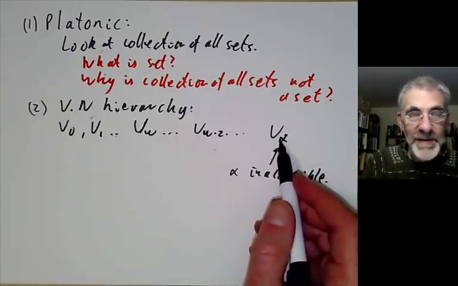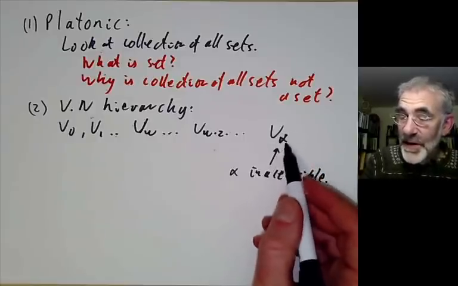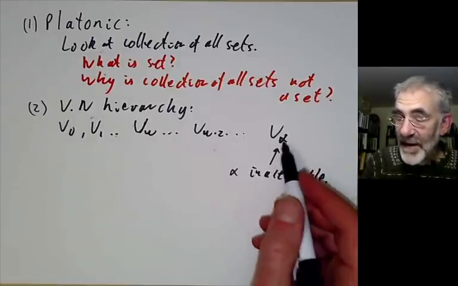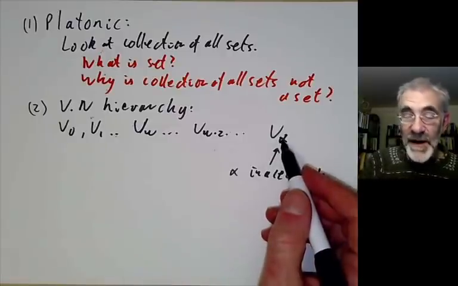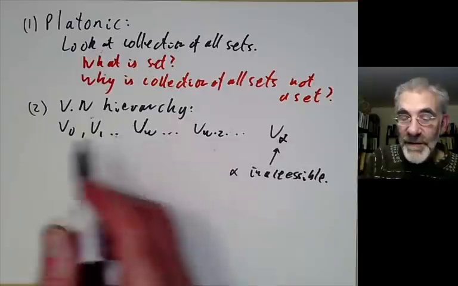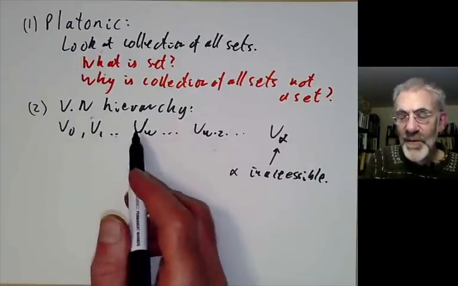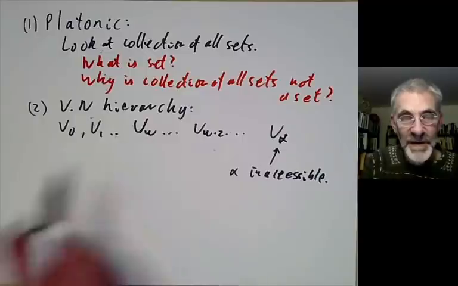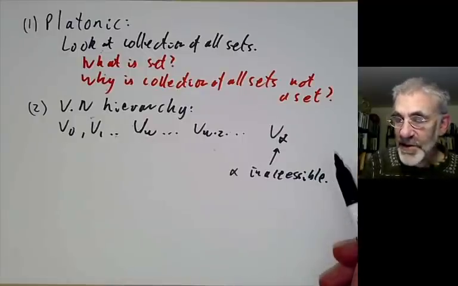An inaccessible cardinal means it's not a successor of another cardinal, so it's not a cardinal plus one, and it also has to be regular, which means it's not the union of fewer than alpha smaller cardinals. So every time we find an inaccessible cardinal, we can find a model of Zermelo Fraenkel set theory, provided we assume the power operation is well defined, which is another rather tricky problem I'll discuss in a later lecture.